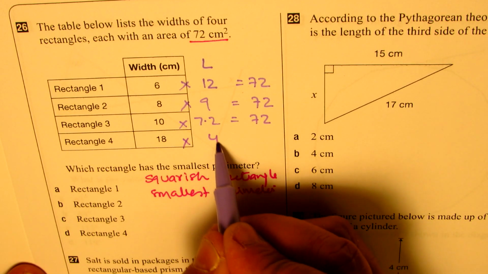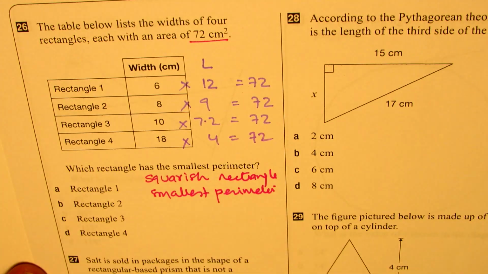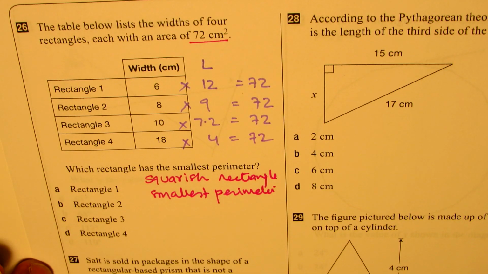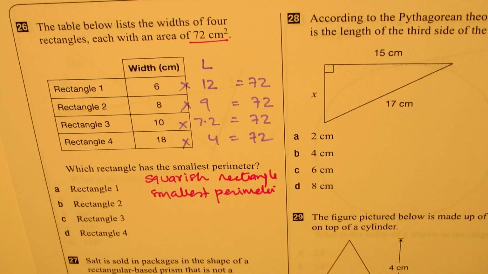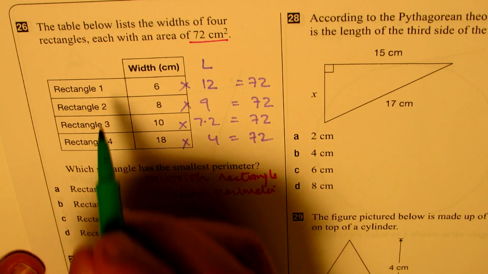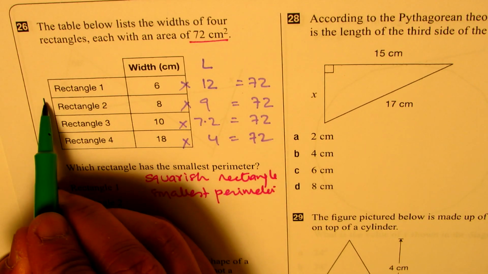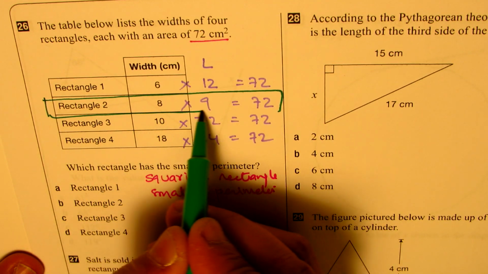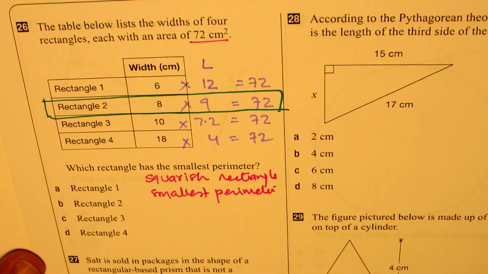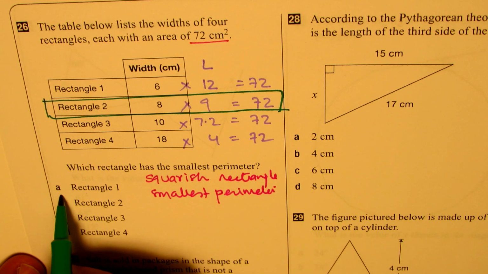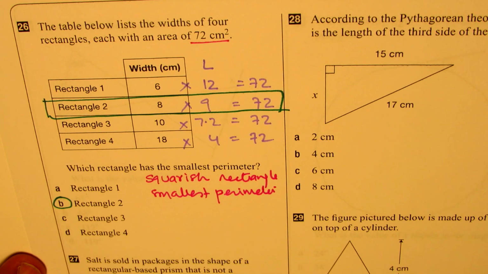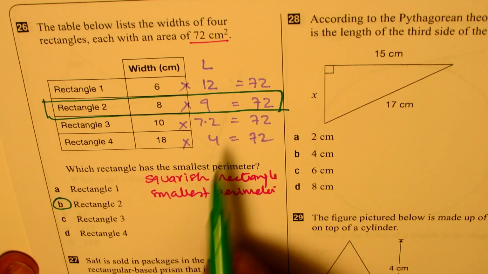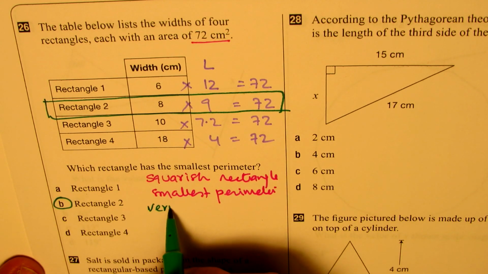So 4 times 18 will give us 72, correct? Now in this particular case, you clearly see that rectangle 2 is squarish, kind of. Length and width are nearly the same, not as far apart as in the other cases, and therefore that is going to be our answer. What you could do is verify your result.